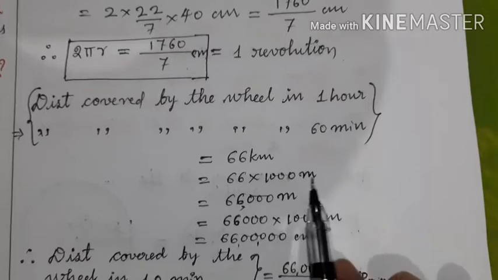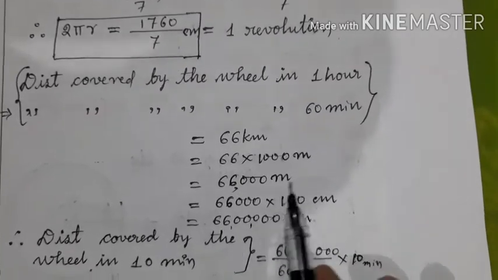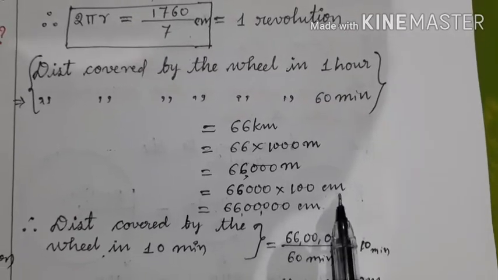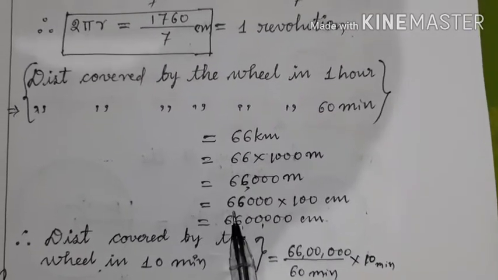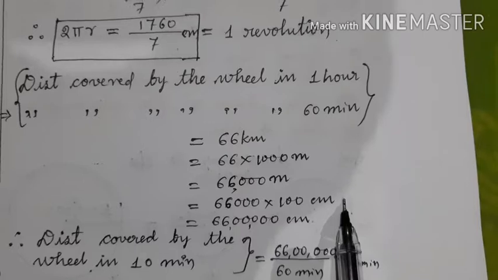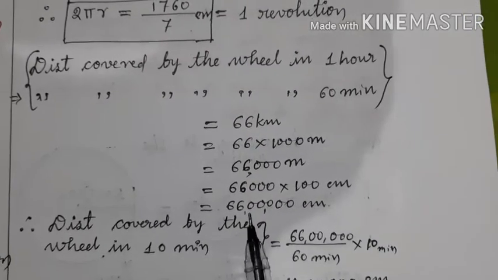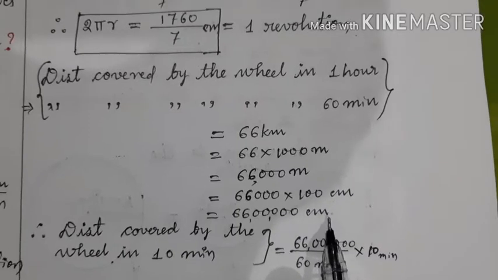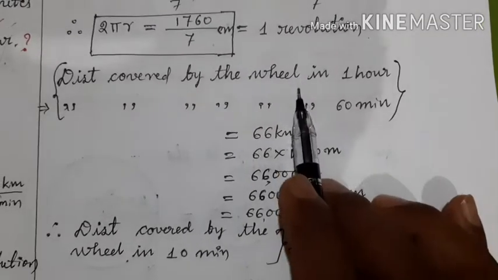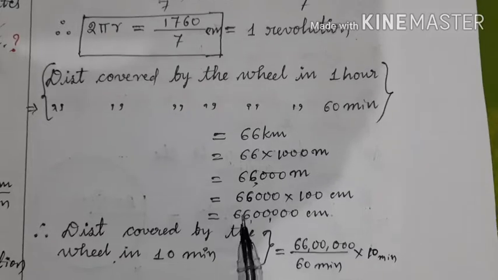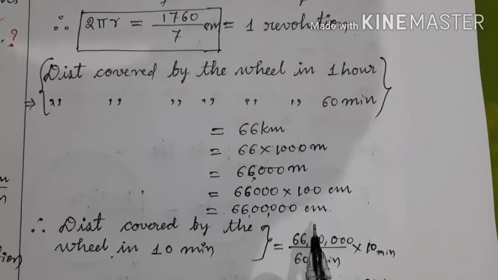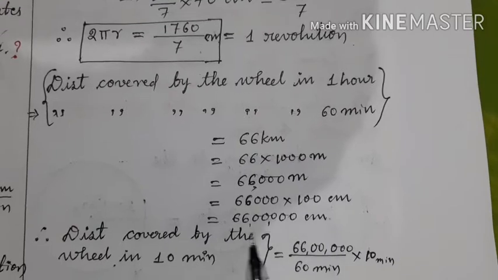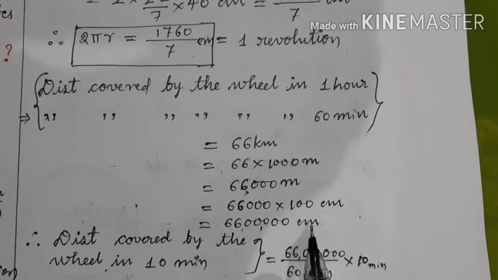So 66 into 1000 meter is 66,000 meters. But 1 meter means 100 centimeter. Therefore, 66,000 into 100 centimeter is equal to 66 lakh centimeter. It means the distance covered by the wheel in 60 minutes is 66 lakh centimeter.